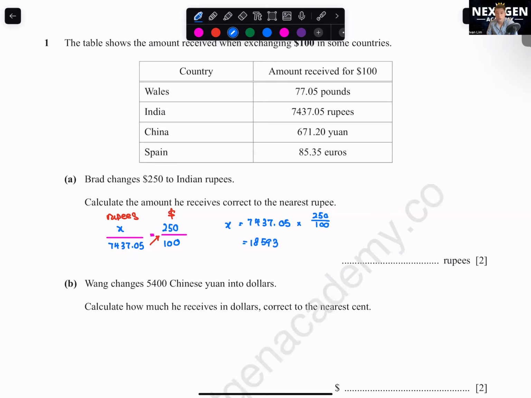They say correct to the nearest rupee, so don't give decimal places for this question. You may use a different method, but generally for money conversion or scale, we always stick to this same method, so that you don't have to remember so many methods. Just stick to ratio, change it to fraction. Cool? Easy, this one.